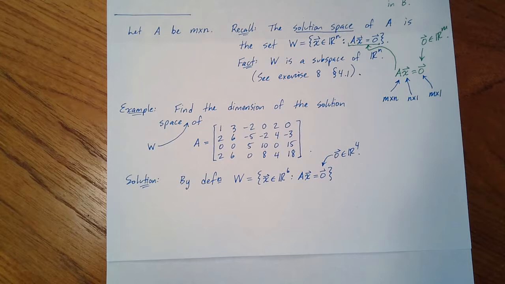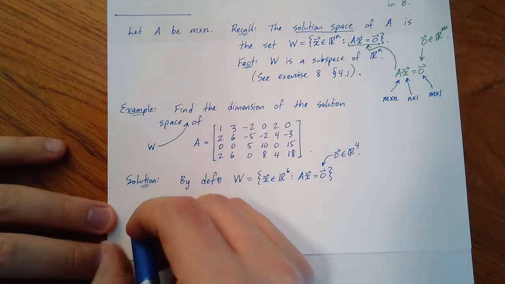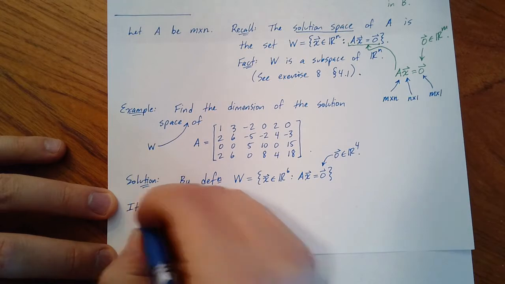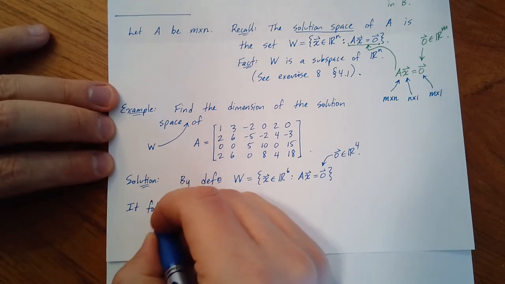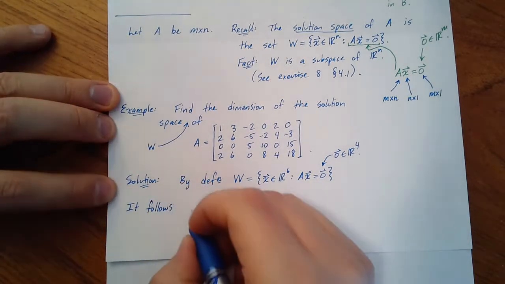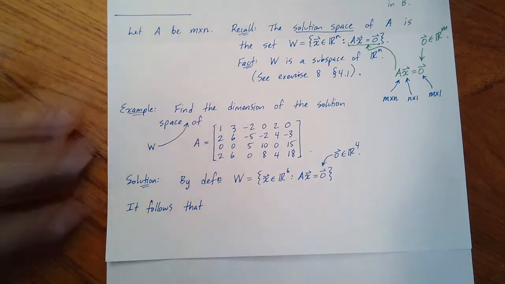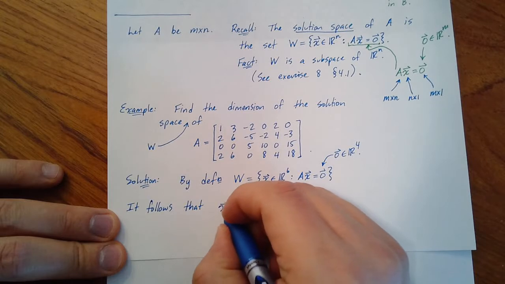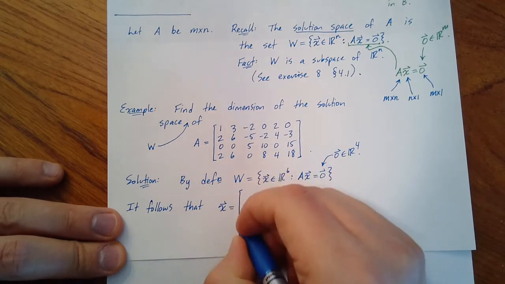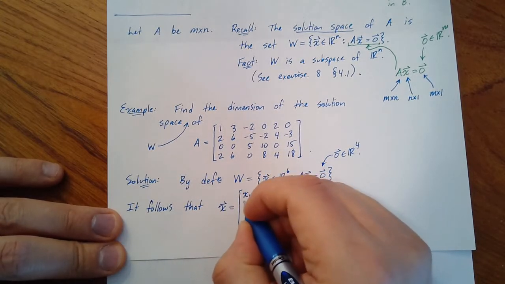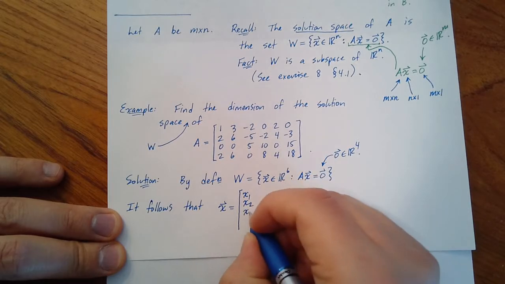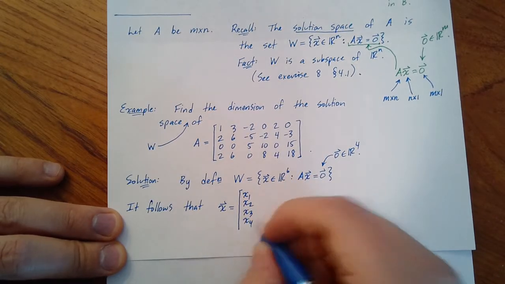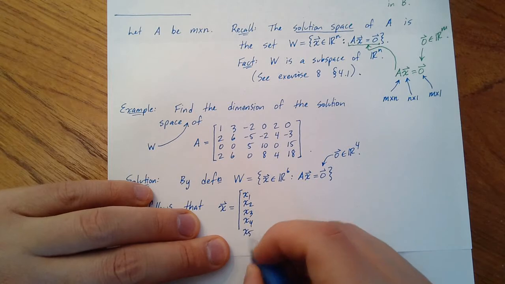So we can clarify this a little bit further. Let me write it down in the following way. It follows that if I write down a vector with 6 coordinates, I'm going to label them very specifically as x1, x2, x3, x4, x5, and x6.